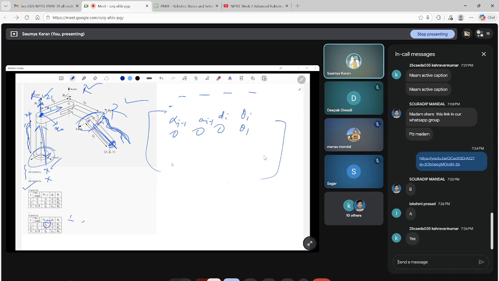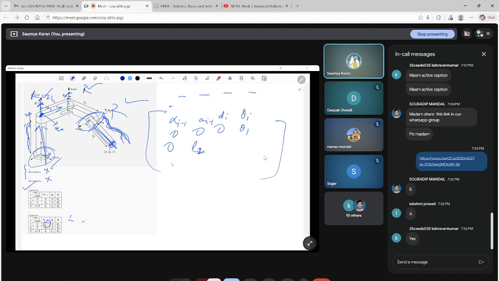Similarly, when you talk about the second joint, what do you get? Is there any angle between the two revolute joints? No, both are pointing out of the plane, right? Both of them are parallel, so it's 0. And do you have any distance between these z axes?